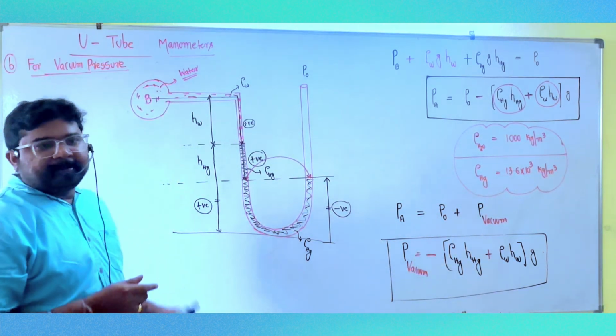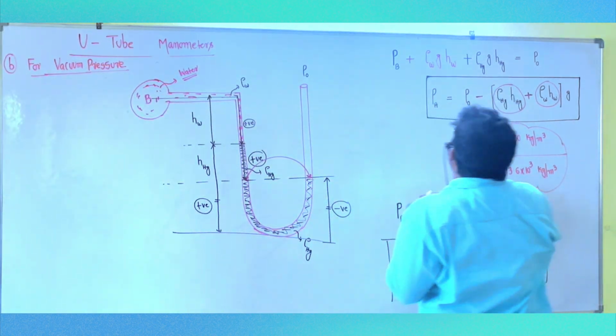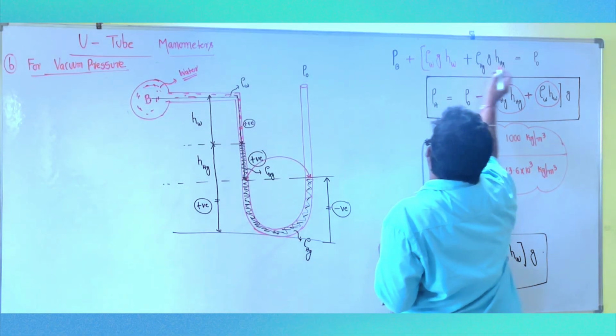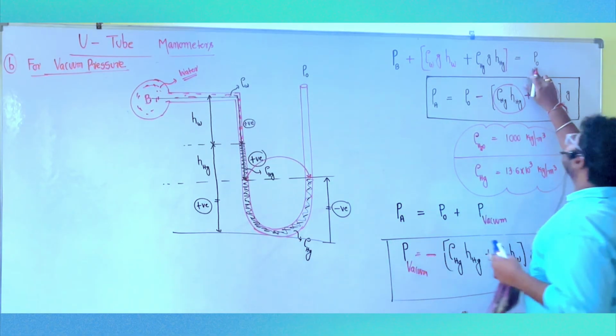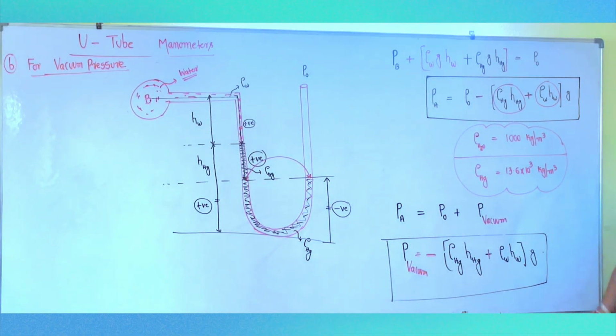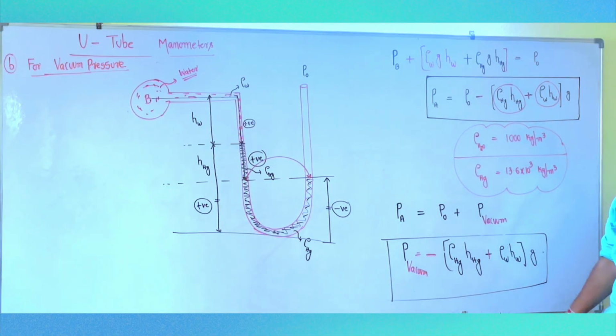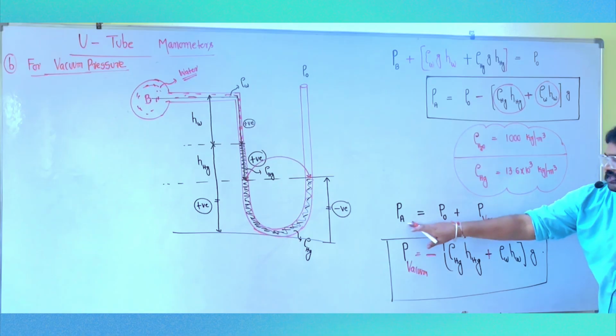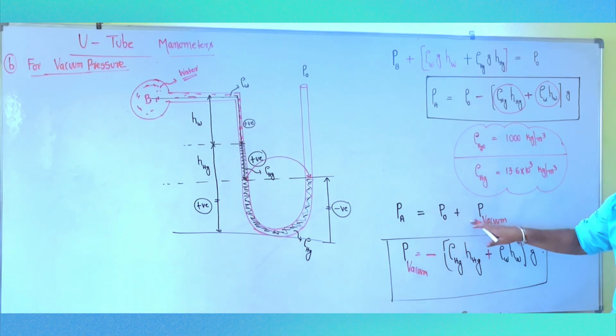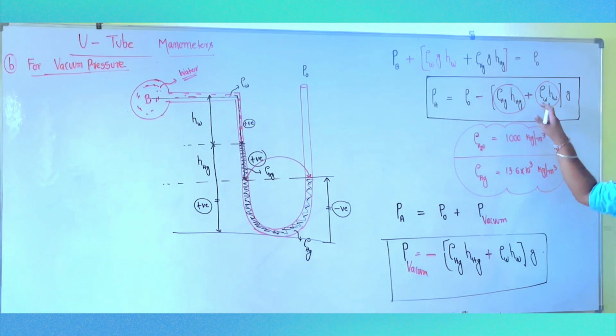Are you following? P naught minus, the entire part will come to the right hand side. Understood? Now, so PA equal to how much? P naught plus vacuum pressure. What is the vacuum pressure here? This is the vacuum pressure.